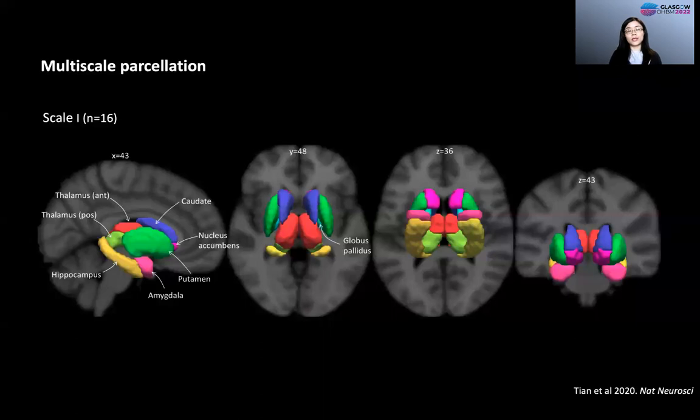Okay, I already mentioned some of the more important steps in the model selection. Using model selection and hypothesis testing, we generated the initial parcellation for the human subcortex that has 8 bilateral regions, so 16 in total. As you can see, they correspond quite well with the anatomical boundaries.